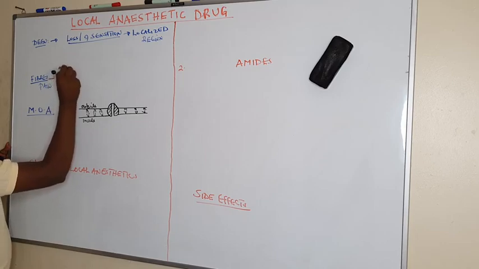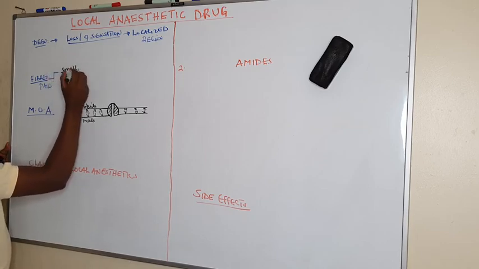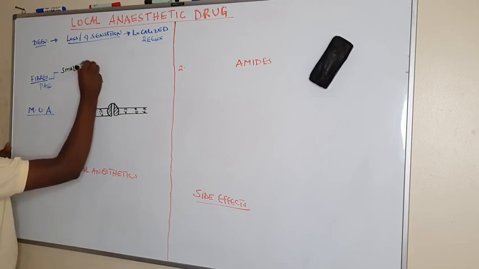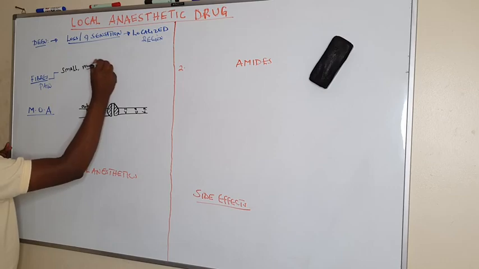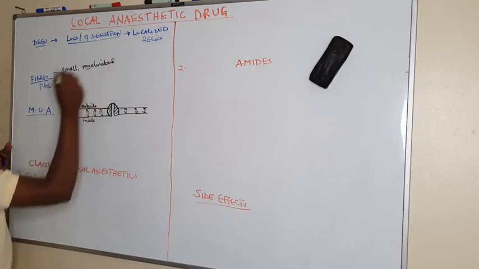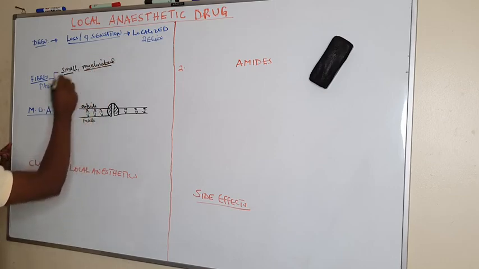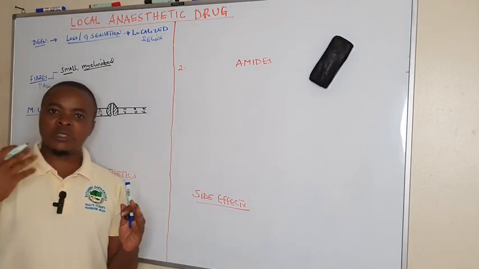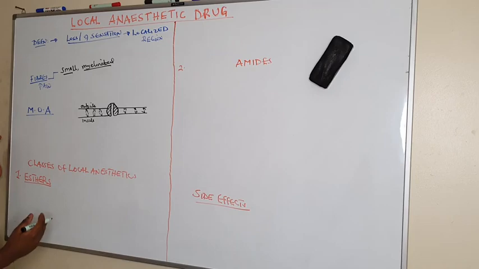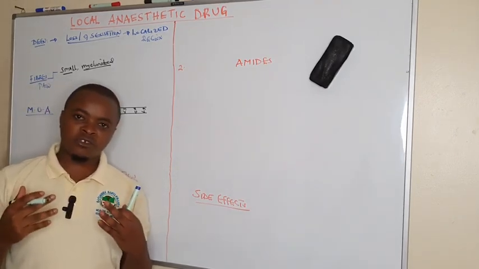The fibers which are small and myelinated, neurons which have a myelin sheath and are small in diameter, respond faster to these local anesthetics compared to wider neurons.